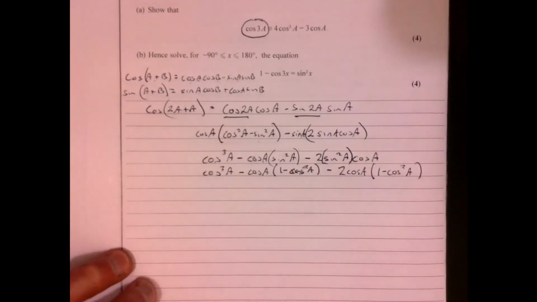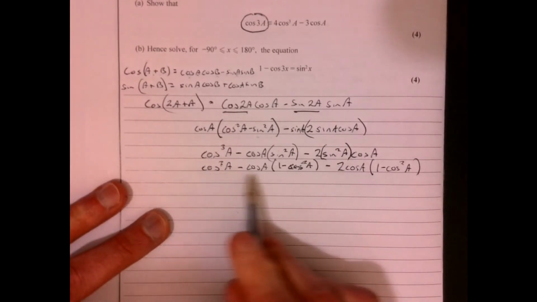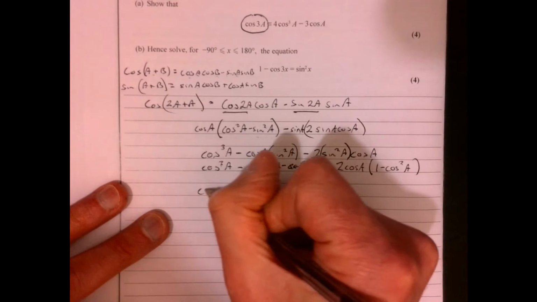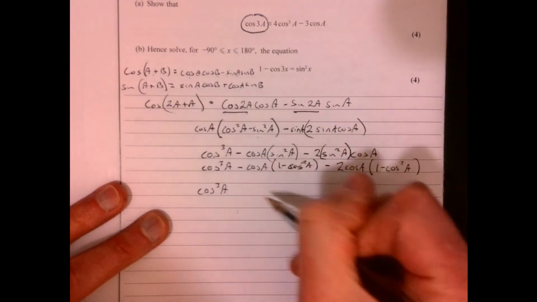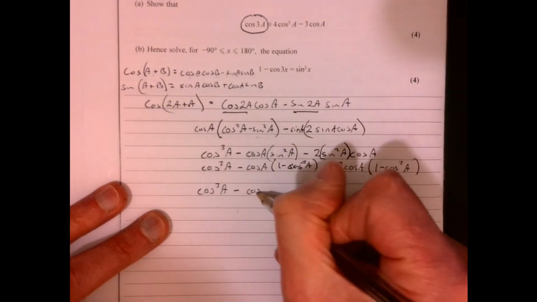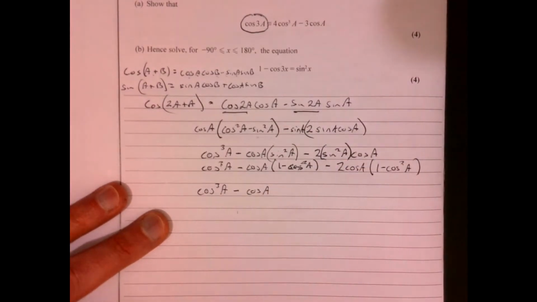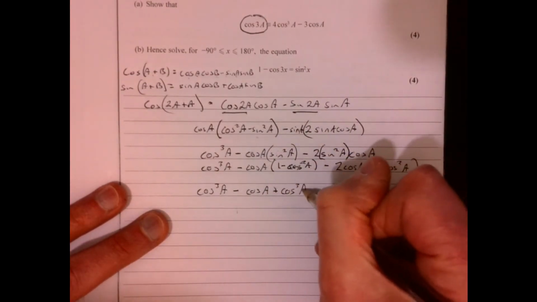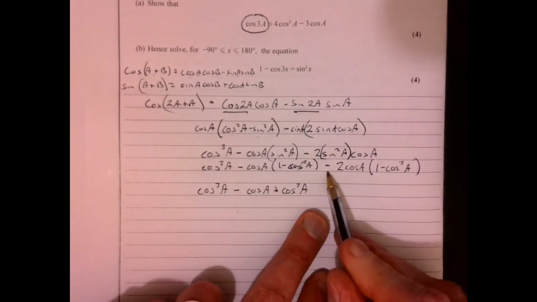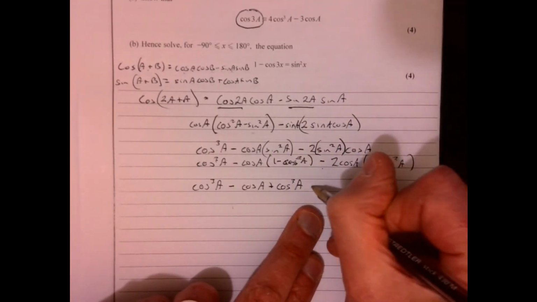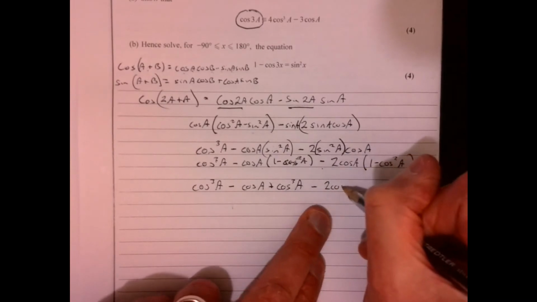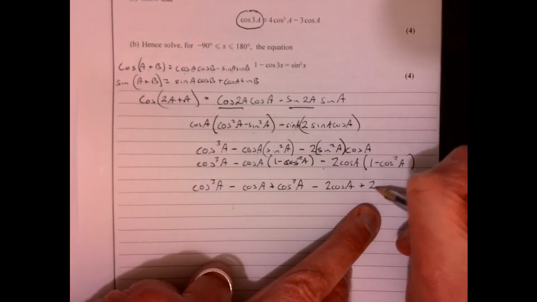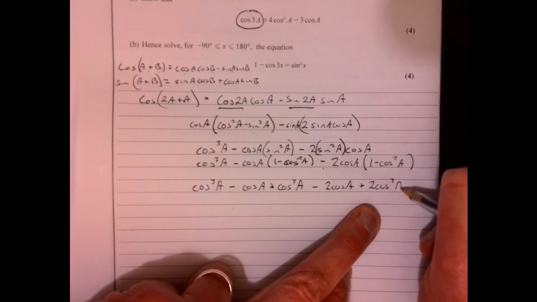When we multiply this out, we've got cos cubed, take away cos a, plus cos cubed a, and over here minus 2 cos a, plus 2 cos cubed a.